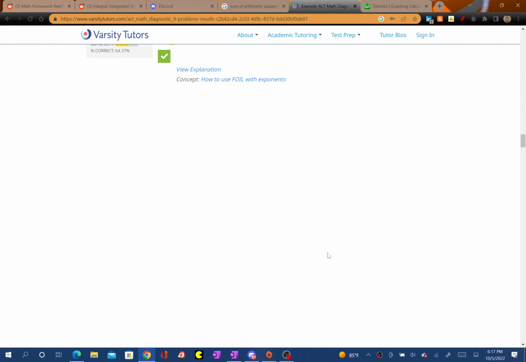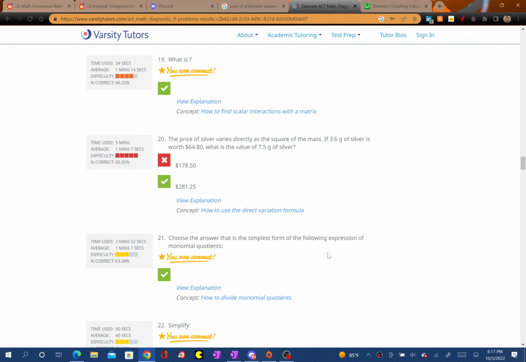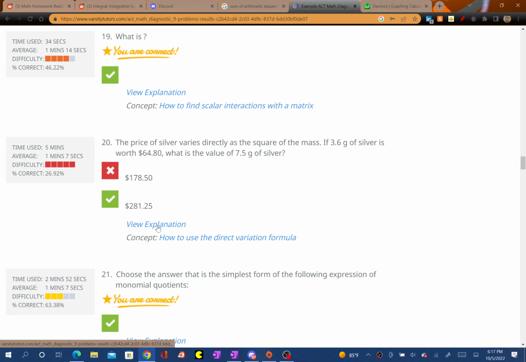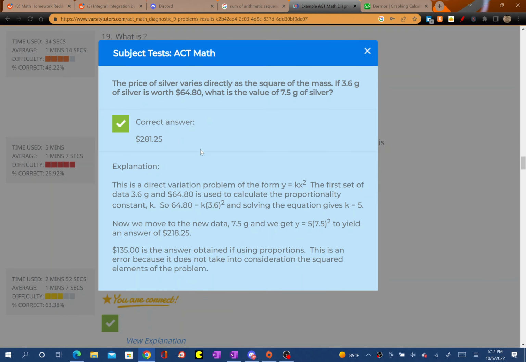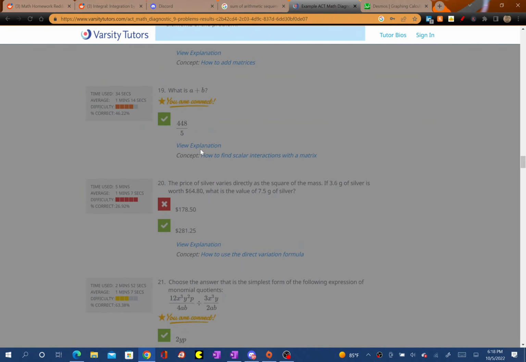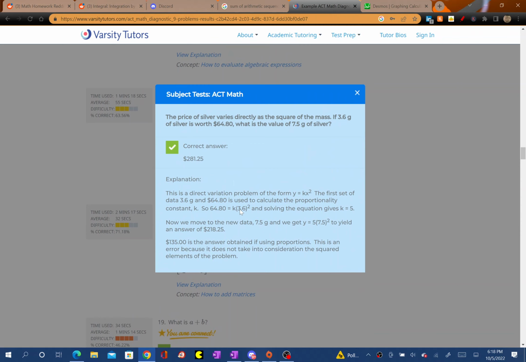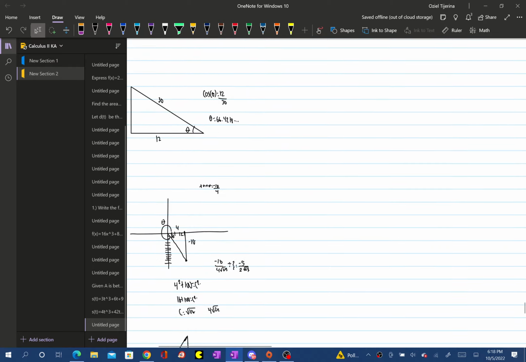So let's see here. We got all of these correct. Okay, so here was where we messed up. K times 3.6 squared, and solving for the equation gives k equals 5. I'm not sure what I did for that one.